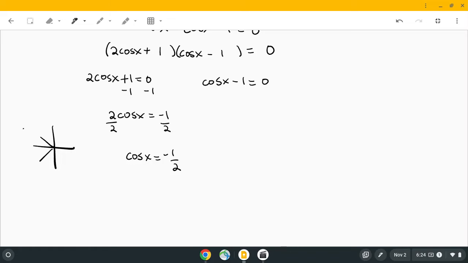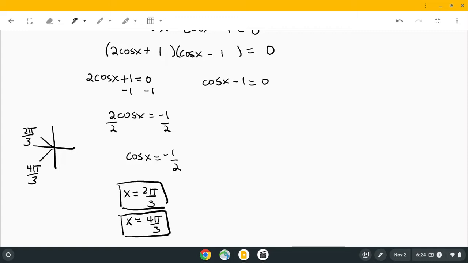So this one must be 2 pi over 3. And this one must be 4 pi over 3. We've seen this before. Okay. All right. So x equals 2 pi over 3 and x equals 4 pi over 3. Okay. So we have these two answers right here.